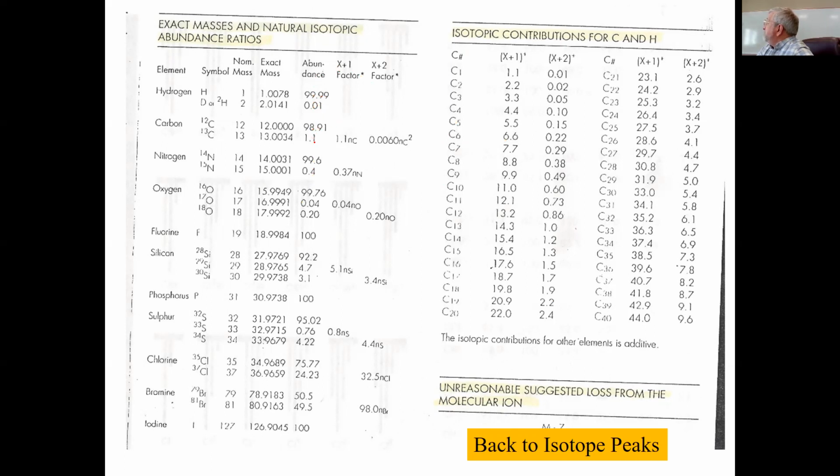Carbon is 98.91% and 1.1%. And then you can see you go down. Phosphorus, there's only phosphorus 31, 100%. And iodine is 100% as well. And fluorine, 100%. So there's some elements that don't have naturally occurring isotopes.